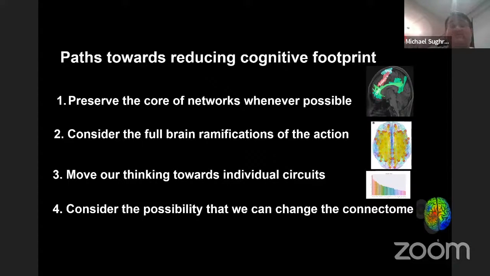So I'm going to keep going over and over that. And basically, while every part of the brain is part of at least one network, some networks and some parts of networks are probably more important than others because they're the core. They're the part of the network that tells the rest of the network what to do. And there's a lot of evidence that saving the core of a network is a good idea.